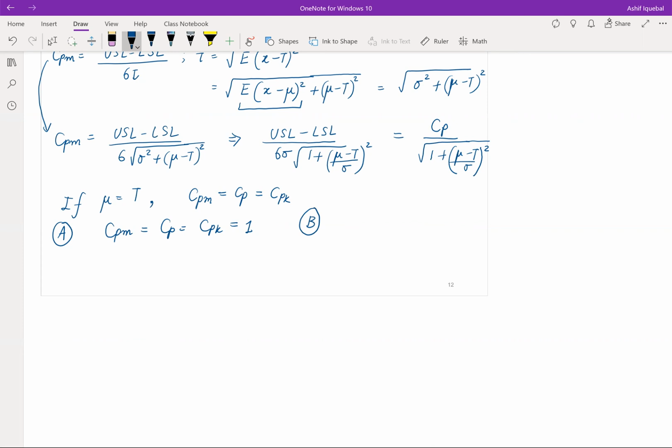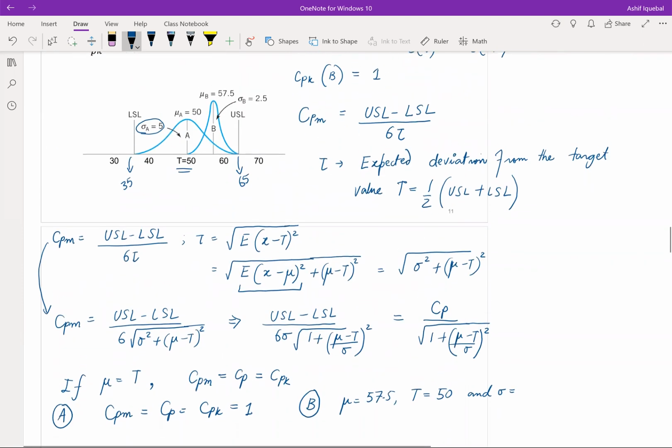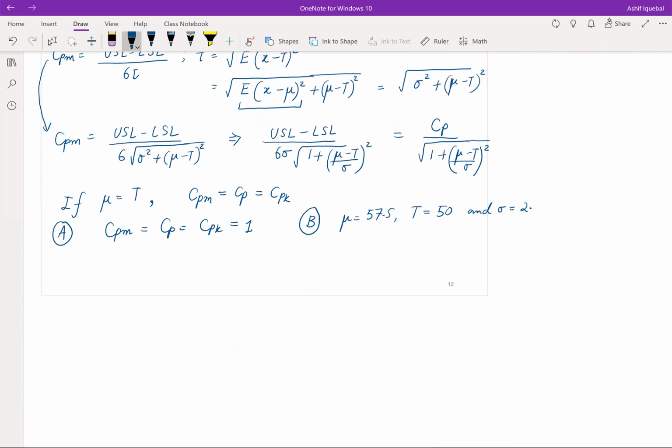For process B, mu equals 57.5, T is equal to 50, and sigma is equal to, I think, 2.5.